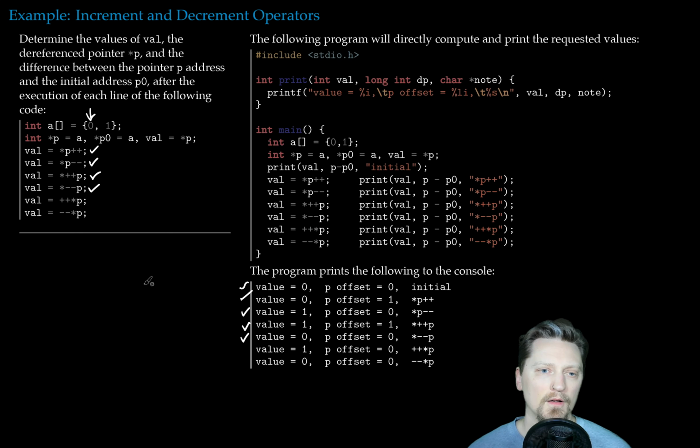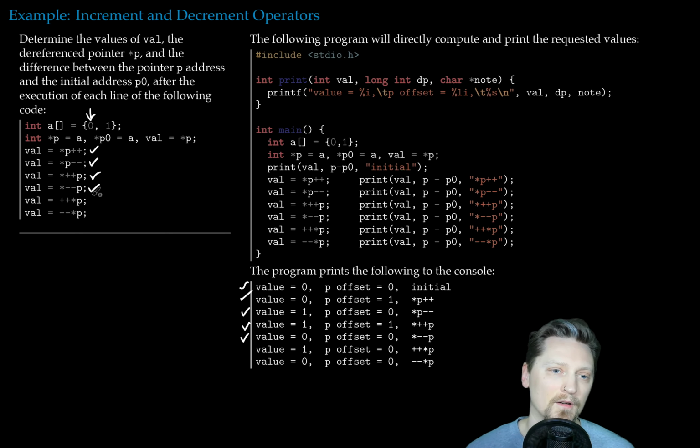Good. Okay, so now we have plus plus asterisk P. So we have prefix increment, and we have a dereferencing. Again, they have the same precedence, so we have to rely on associativity, which is right to left. So we're going to dereference P first, and then we're going to increment. So we dereference P, we get a value back, which is 0, and then we add 1 to that.